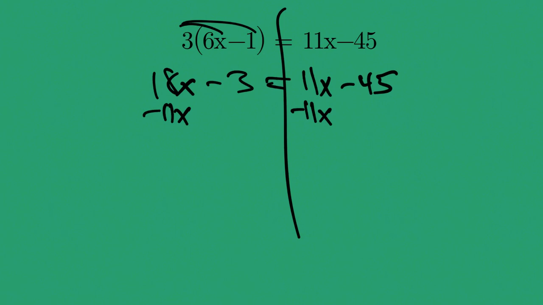Moving things from one side to the other, addition, subtraction. 11x's gone. 18x minus 11x. 18 minus 11 is 7. 7x minus 3 equals negative 45.